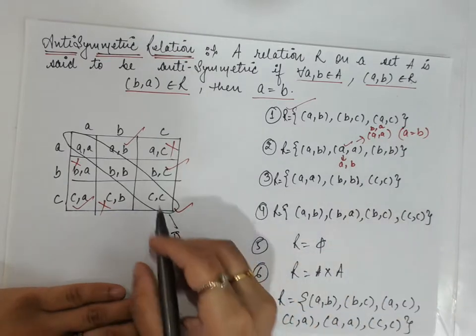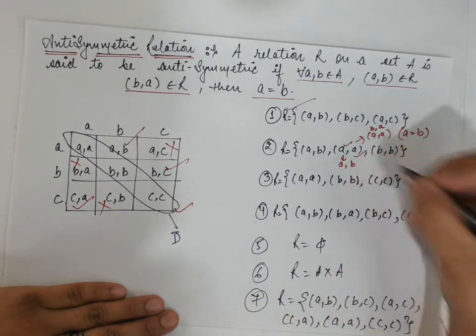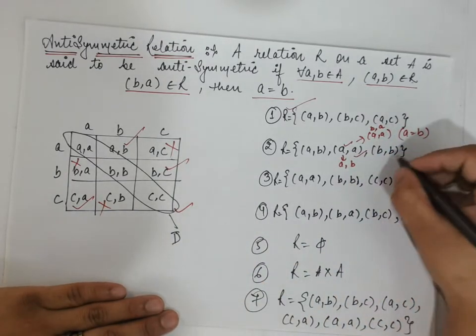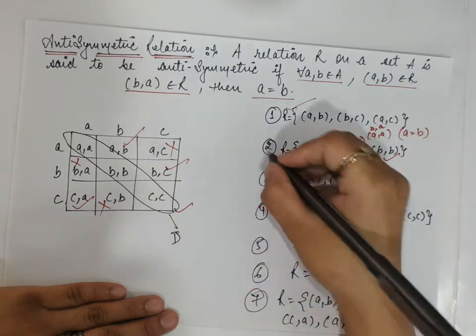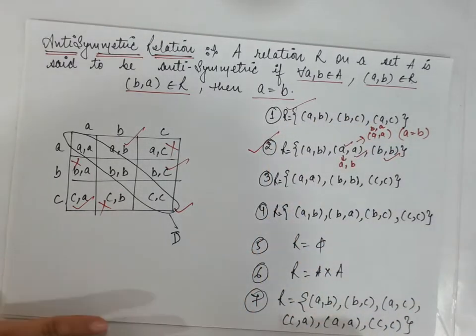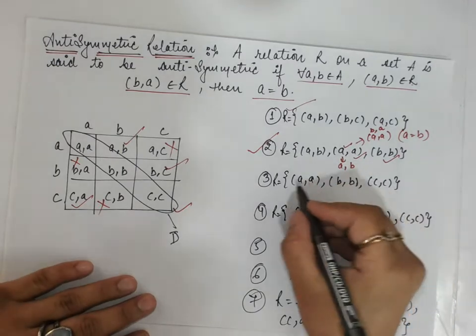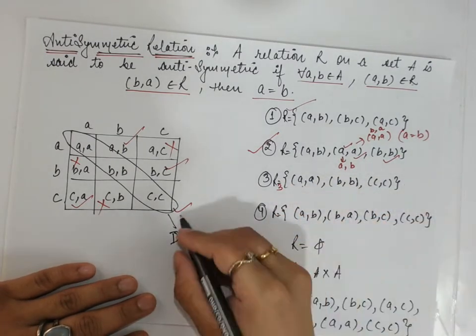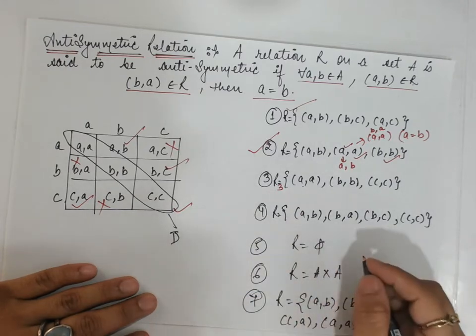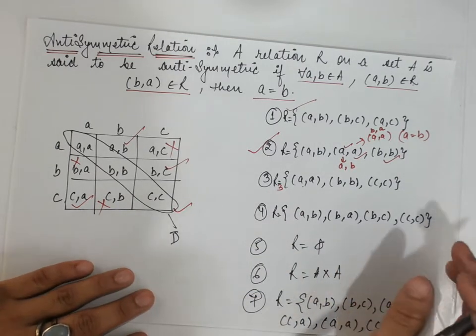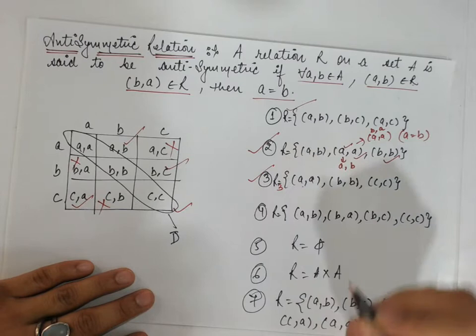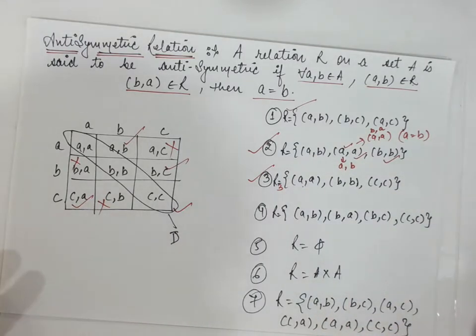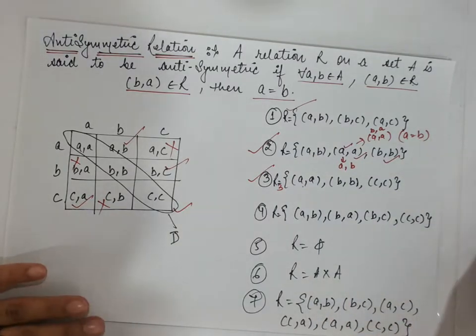Therefore antisymmetric allows the diagonal pair. Therefore (A, A) is allowed and (B, B) is allowed, and overall R2 is an antisymmetric relation. Now check for R3. (A, A), (B, B), (C, C) are the diagonal elements, and antisymmetric relation allows the diagonal pairs, therefore R3 is an antisymmetric relation.